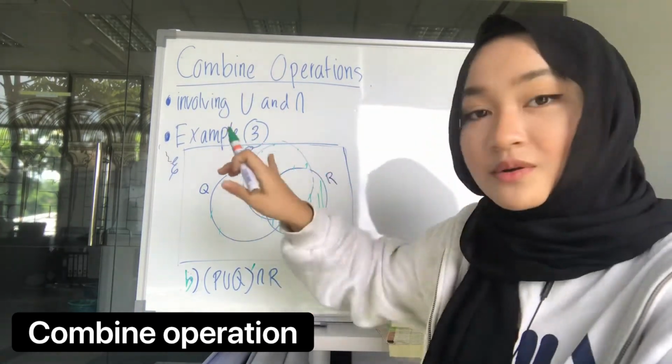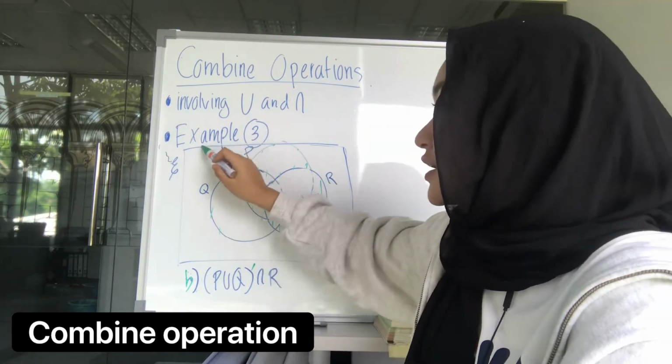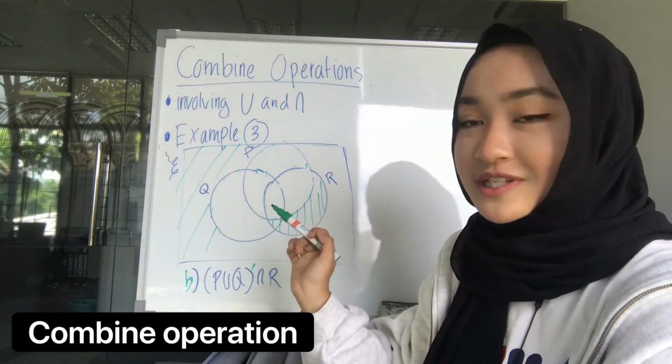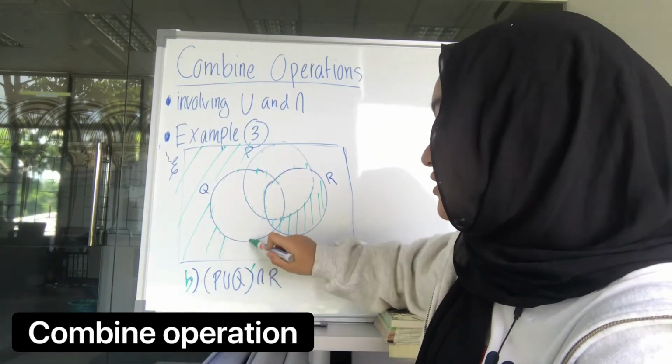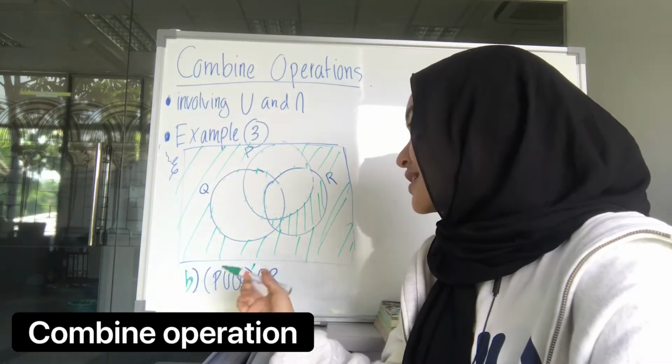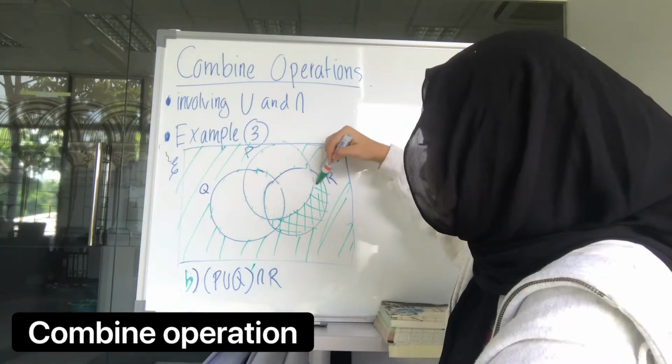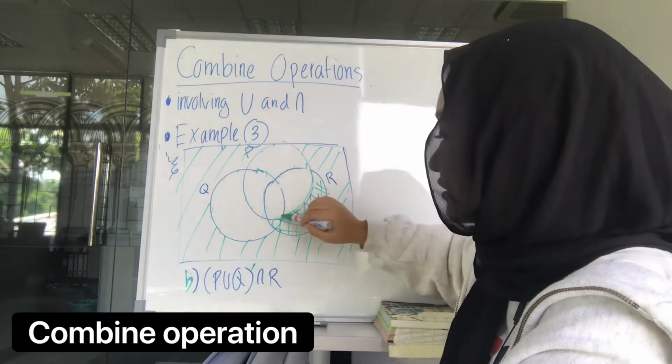So is it only this part? No, it's actually this whole part. If there is a universal set, you need to shade that universal part. And after that, they said the part that intersects with R. So the answer is here.